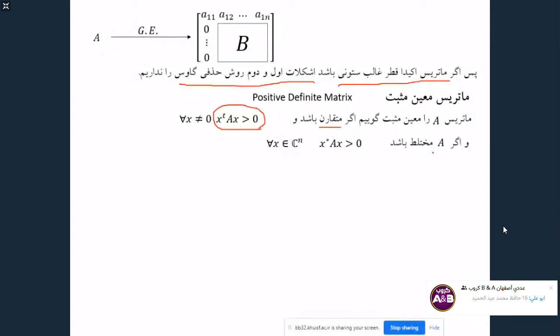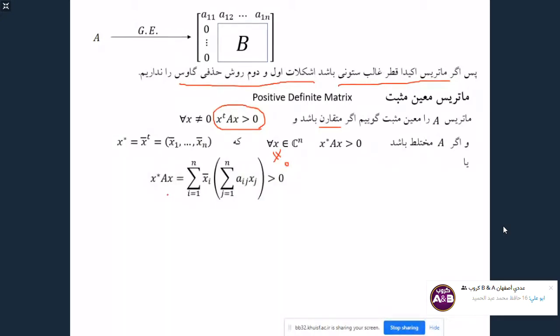And if A is complex, its entries are complex numbers, it is for all non-zero x in C^n, x star Ax greater than 0. That is, x star is x conjugate transpose, that is x1 conjugate, x2 conjugate, and xn conjugate.